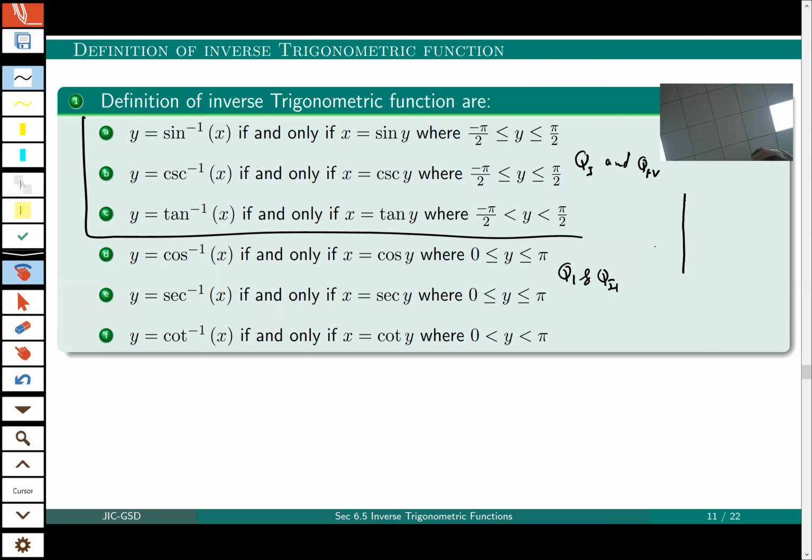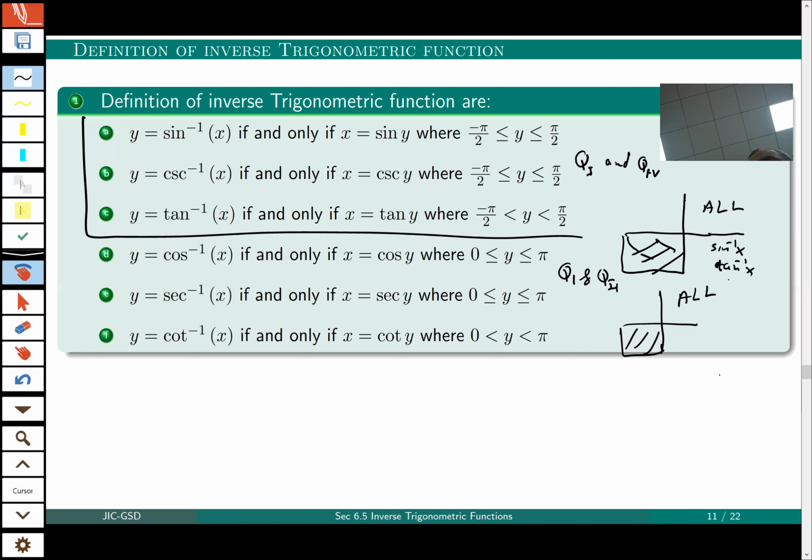Basically, that can be summarized in the following graph. If we are speaking about sine inverse, we don't have quadrant 3 in any case. If it is positive, it's all of them here. If we speak about sine inverse or tan inverse, if it is negative, it must be there.